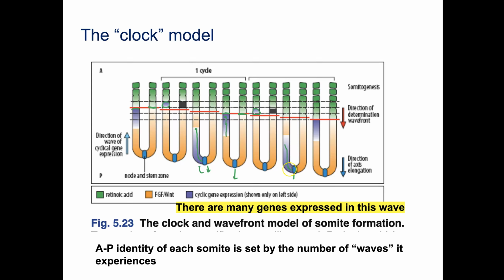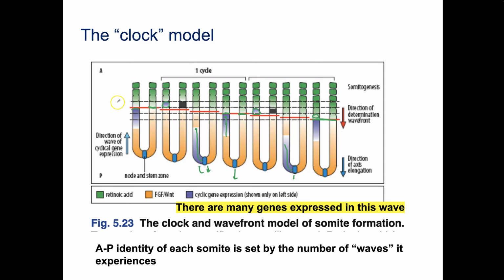These cells signal, these cells signal, and so on, and it moves towards the anterior. Then again it reaches this boundary below the threshold for FGF expression that defines the boundary, and as the somite is forming, there'll be a little burst of gene expression in there again. So this is just two cycles of somite formation.